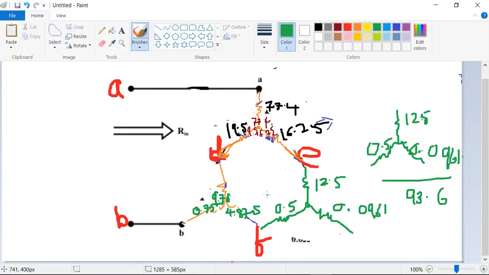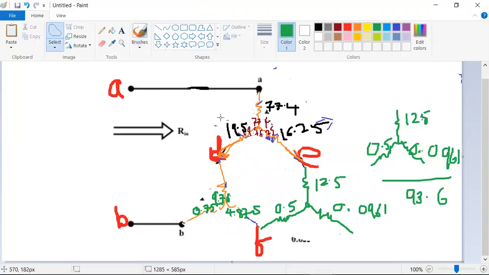So let me add this. 19.5 plus 9.75. Then the value will be 29.25.